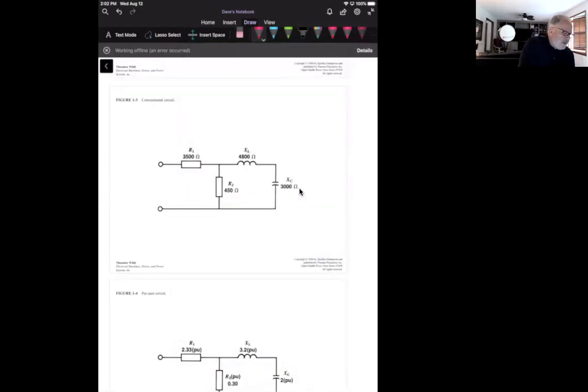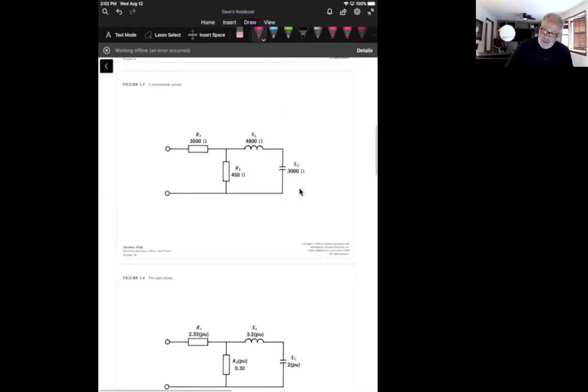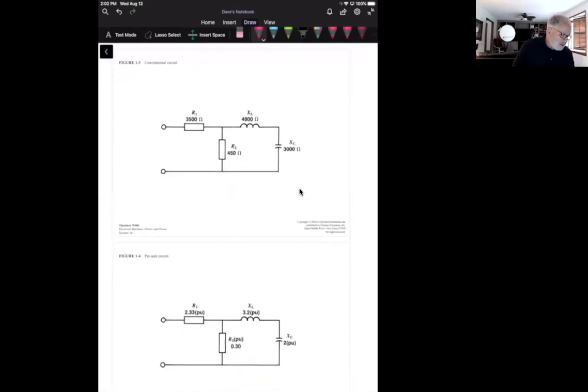So what we're going to do here, for this particular circuit, is select a base impedance of 1,500. And then we're going to compare each one of these values to 1500. So I'm going to compare this to 1500, this to 1500, this to 1500, and this to 1500.